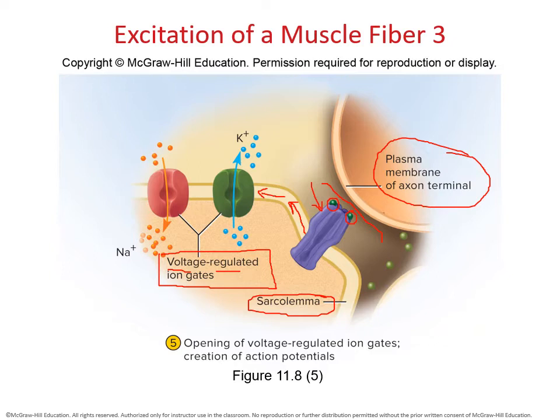And when they open up, it's going to allow sodium to go flooding in at a higher rate, potassium to go flooding out also at a higher rate, and this is going to allow for a large-scale action potential to occur. An action potential indicates that you have reached the point where the cell is so excitable because you have altered its membrane potential that it's ready to give you a response.